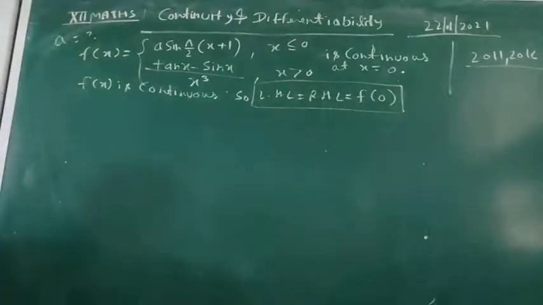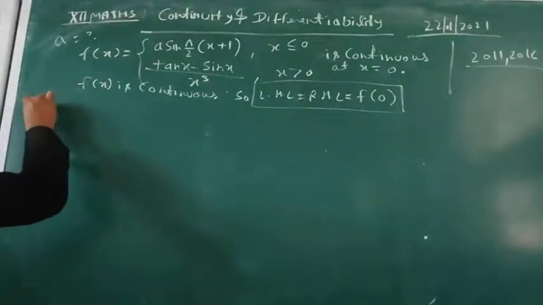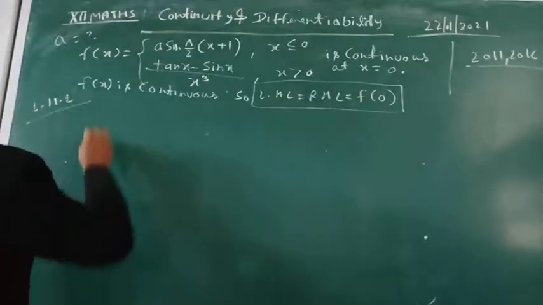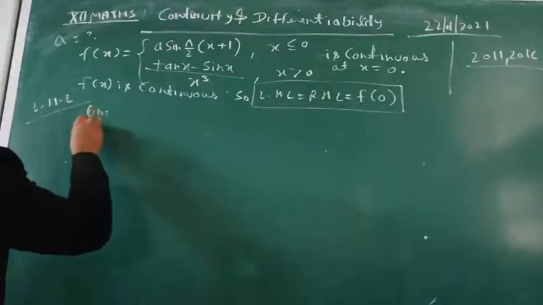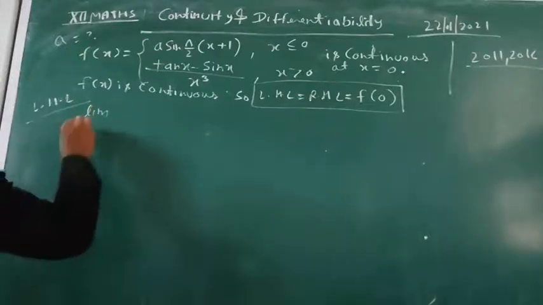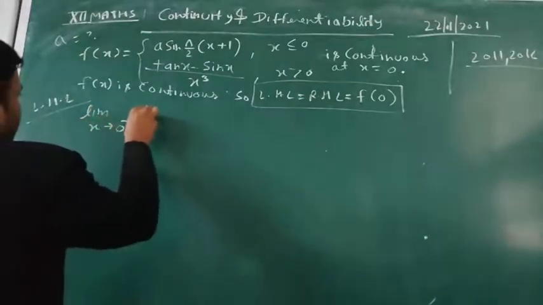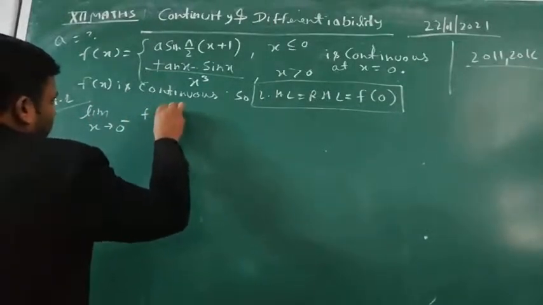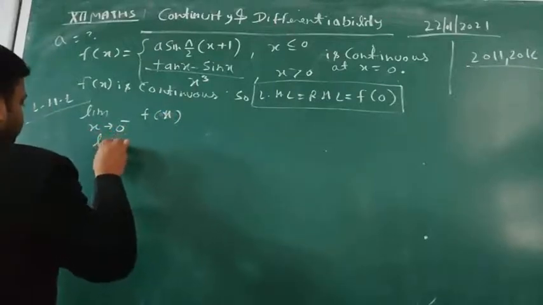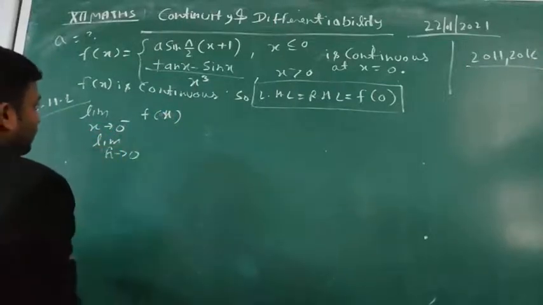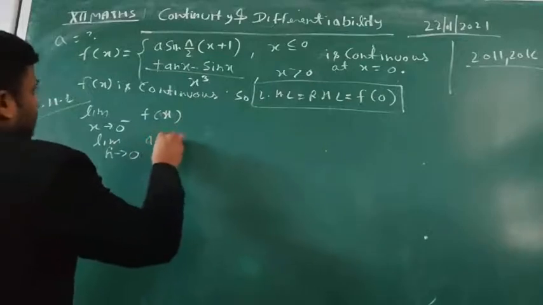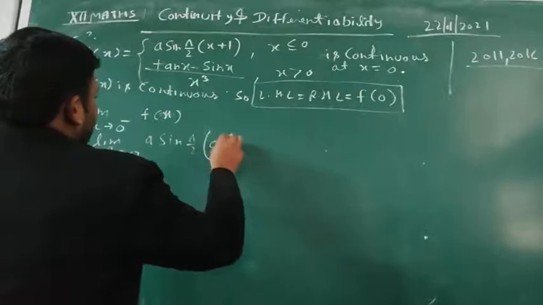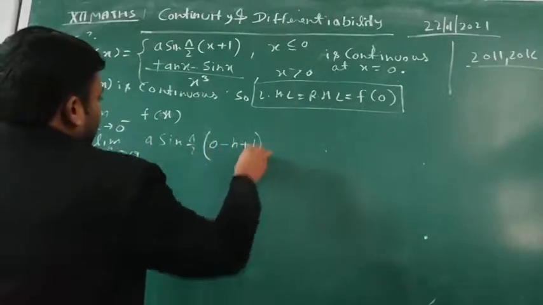Now we will find its left hand limit. Limit x tends to 0 minus f(x). So we write limit x tends to 0, a sin(pi by 2 (0 minus h plus 1)).